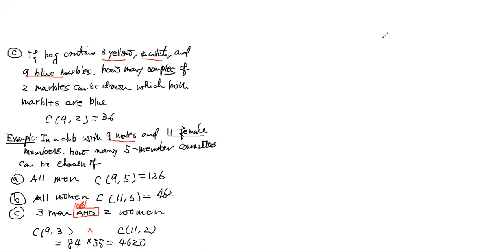Okay, let's take a look at other examples here. This is where we combine with the probability rules from the last chapter. This is a baseball coach.